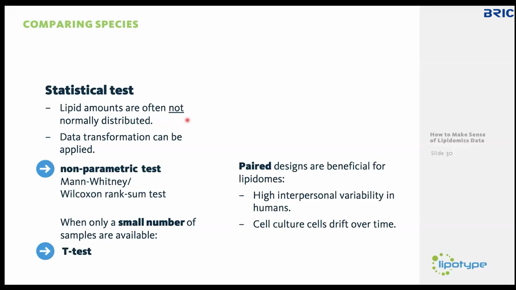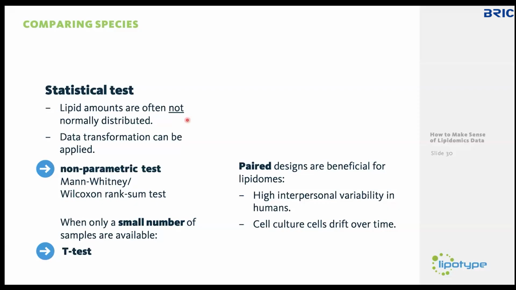This is very important, especially in lipidomes, also in plasma lipidomes, because there's a high interpersonal variability in humans. That means humans per se are already very different in their lipidomes. And so it's rather difficult to find small changes for your two cohorts if they're already that different. Paired designs remove that variance between people, and this helps you with your power.